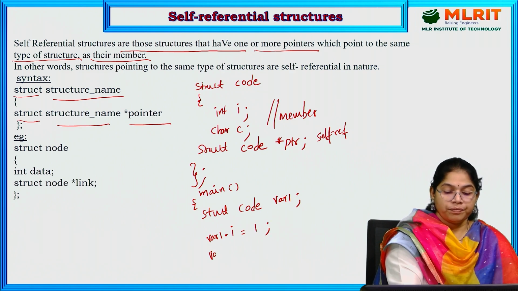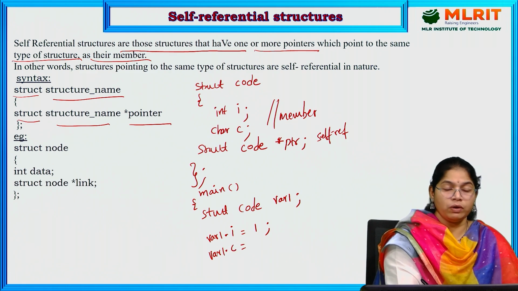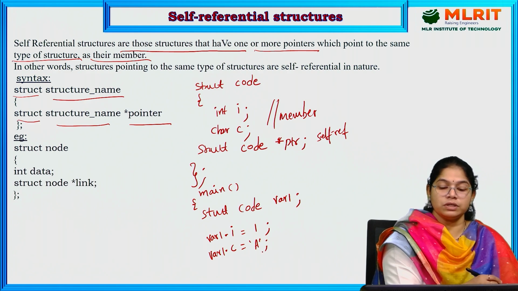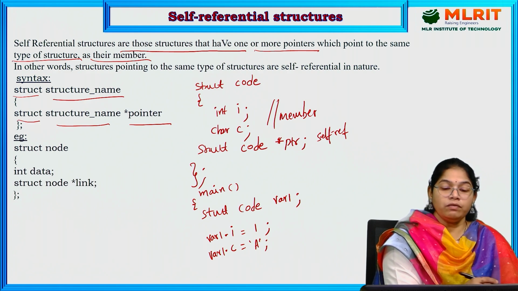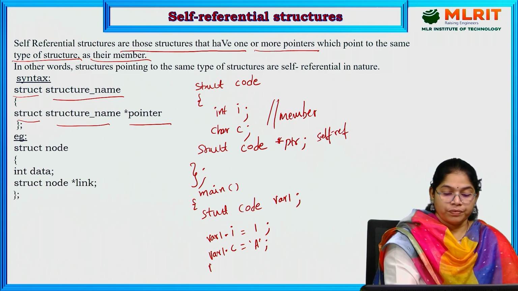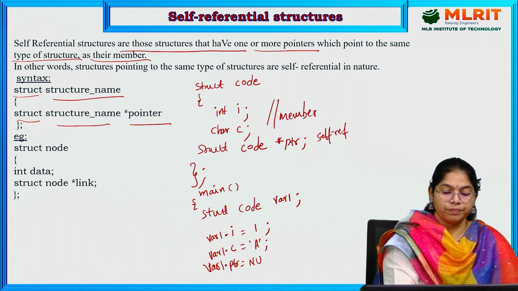Then var1.c is equal to, here I am giving only a single character 'A'. A single character must be enclosed in single quotation marks. Then we have a pointer also as a member of this structure, so var1.ptr is equal to NULL.